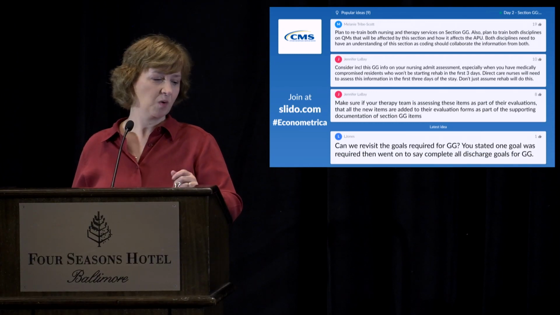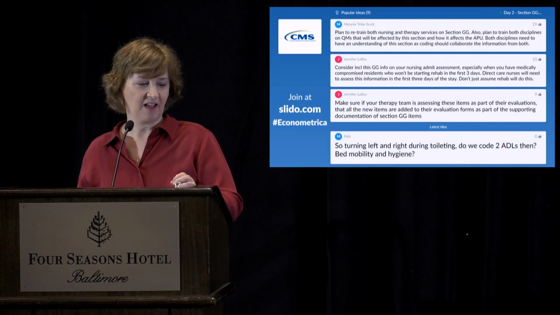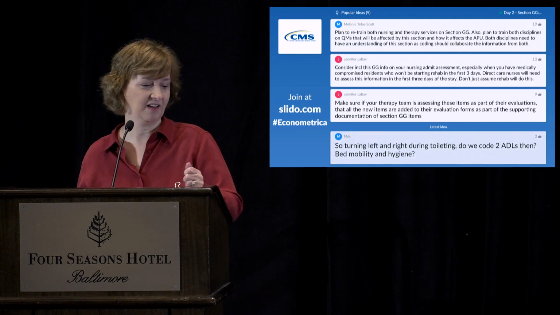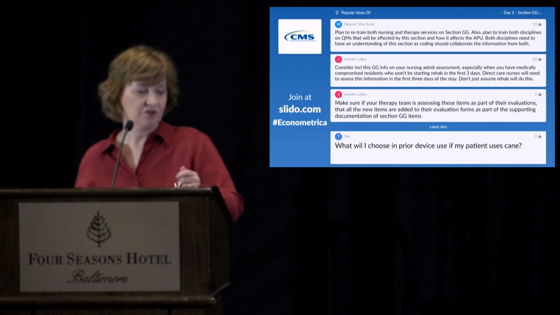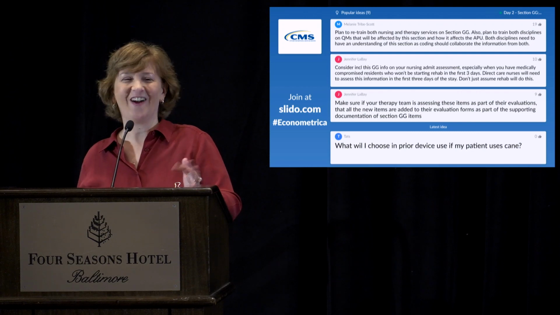I'll just read one more. Make sure if your therapy team is assessing these items as part of their evaluations that all the new items are added to their evaluation forms as part of the supporting documentation of Section GG items. Terrific advice. What will I choose in prior device use if my patient uses a cane?